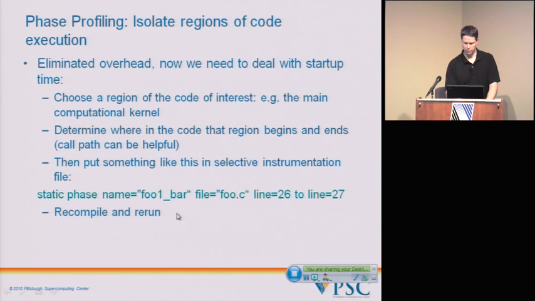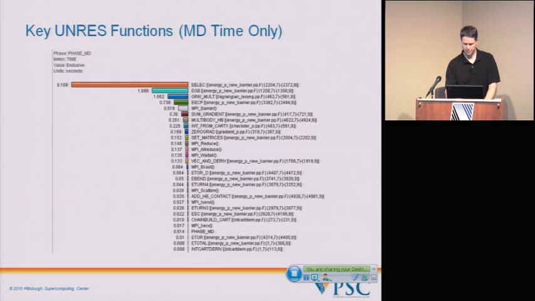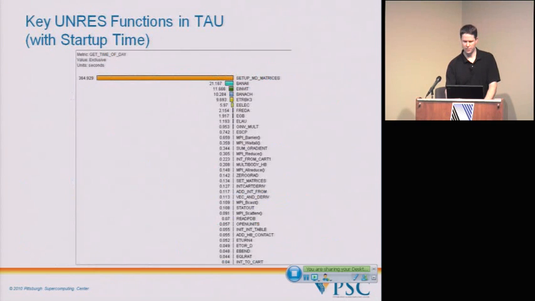And so when you bring up TAU, anything that happens in here will be labeled with this phase name that you give it, and you can separate it out from everything else. And again, I'll show you what that looks like. So this was the situation before when we instrumented unres with TAU. We can see the startup time totally dominates this short run, and we don't know what the really important functions are that we're interested in for the production part of the run.